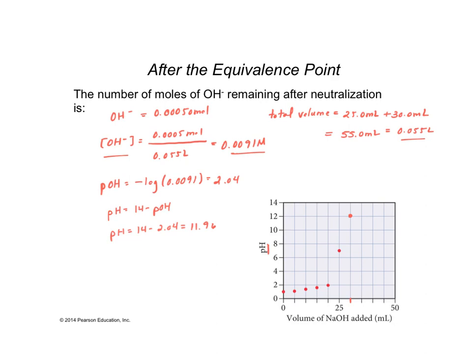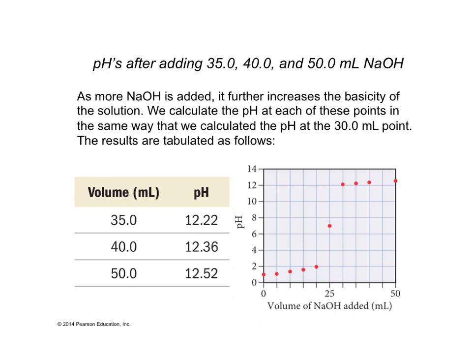It's going to be dominating the pH of the solution. And so to calculate the pH, you have to calculate its concentration, calculate the pOH, and then get the pH from that. And so you can continue to do that for however many milliliters past the equivalence point you want to go, right? To get this nice, beautiful little S-shaped sigmoidal curve.